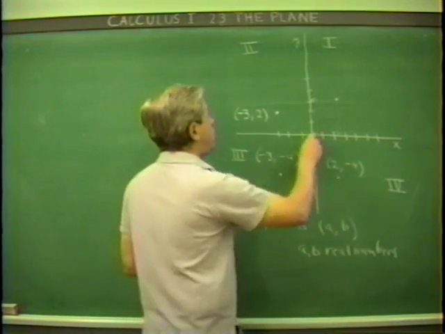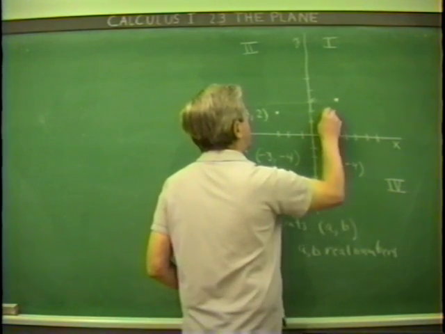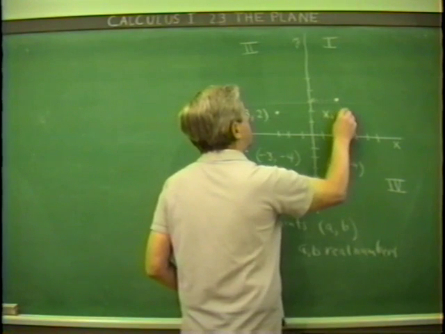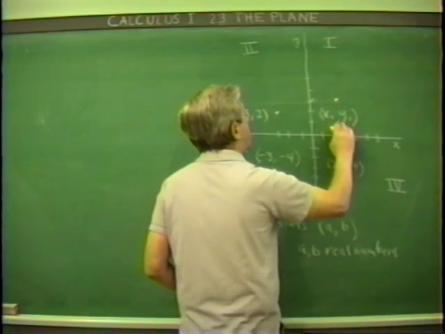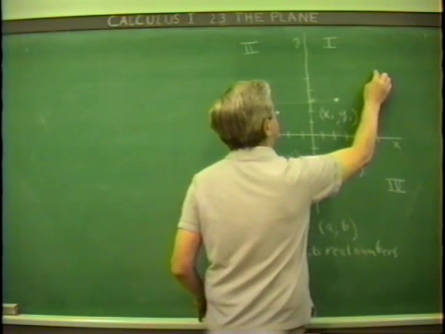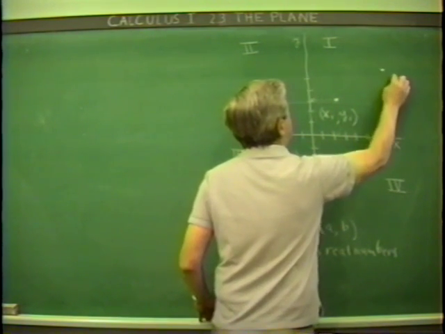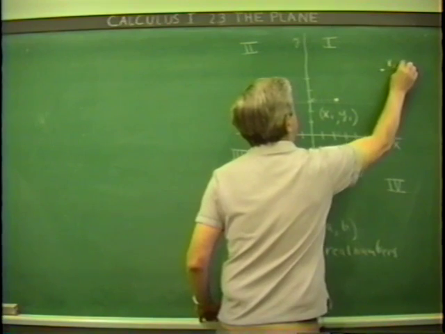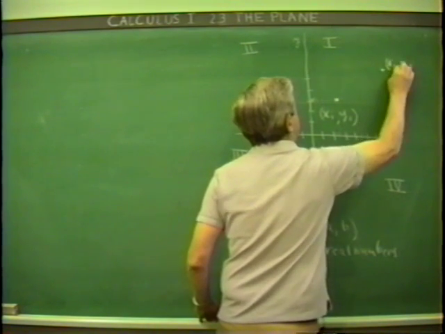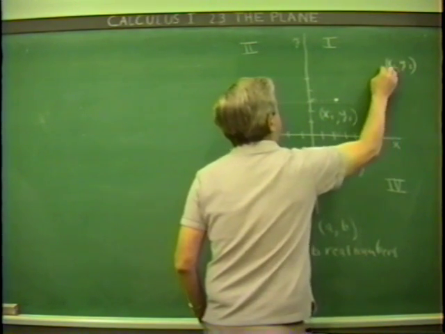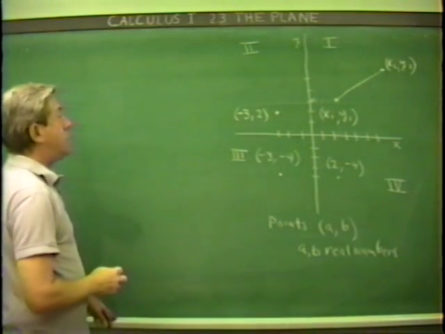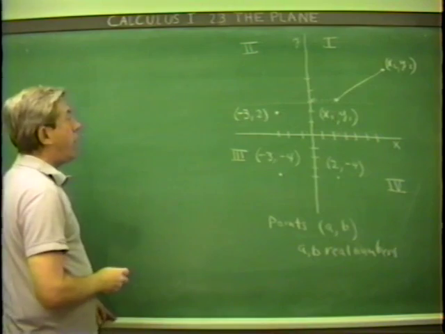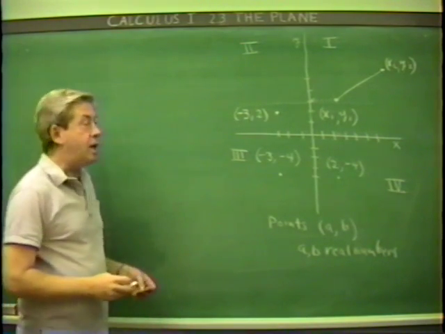If we're given two such points, say this one, let me call it x1, y1, and the second one, x2, y2. Then joining those two is a line segment. And we want to know two things about this line segment.